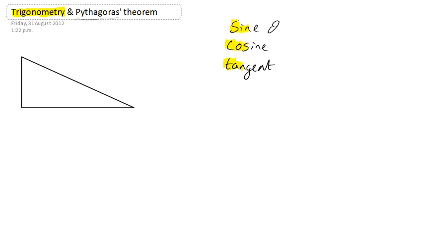So I use the Greek letter theta to stand for an angle. So we know there's going to be an angle involved. So I'm going to choose that the angle I'm going to work with is down here.